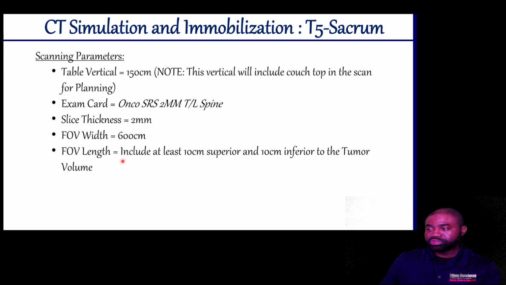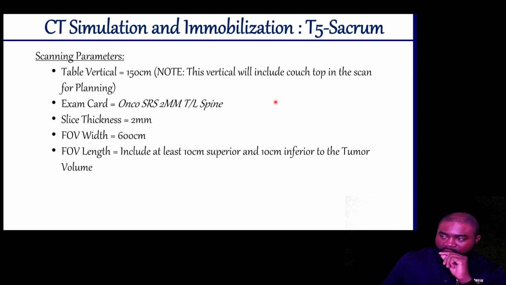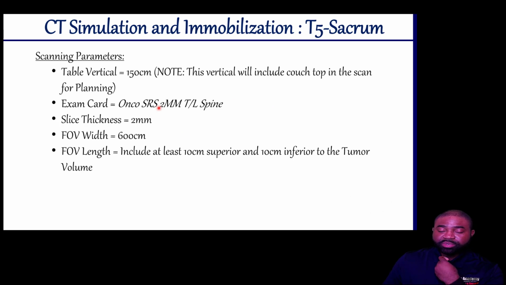Now, as opposed to C1 to T4, the table height in our center stays the same at about 150 cm. It really depends on the machine you're going to treat the patient at. The field of view width is 600 cm.